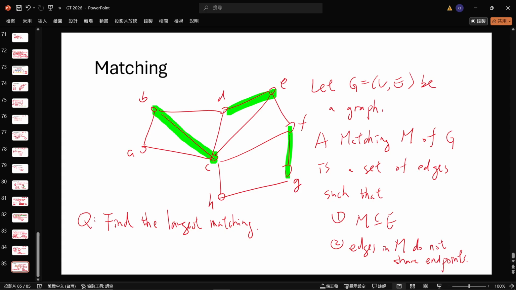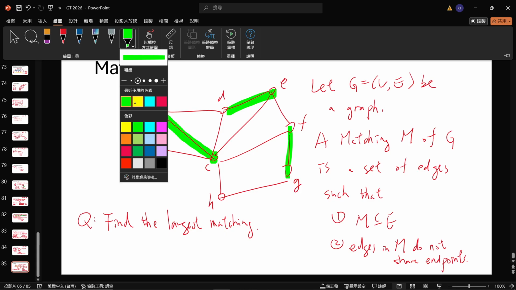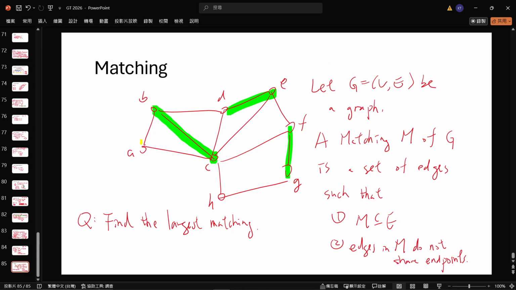A, B, and D, E, C, F, A, B, D, E, C, F, and G, H. Okay. So yes, this is a larger matching, okay?